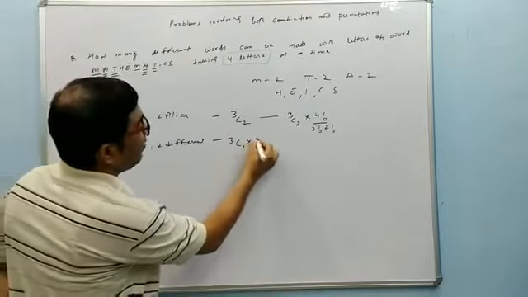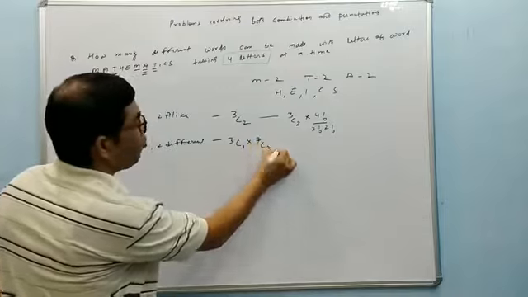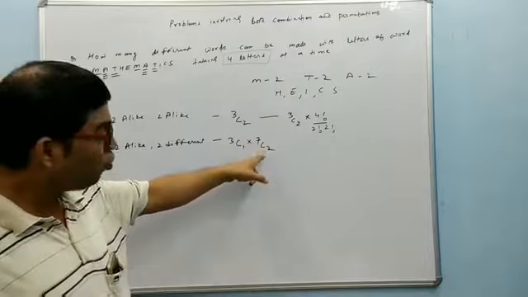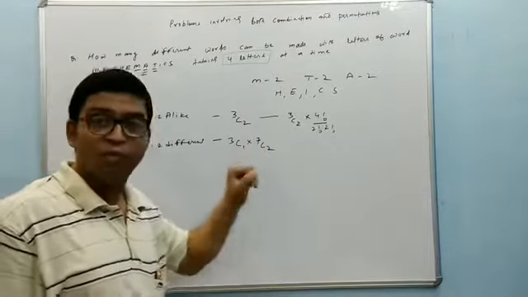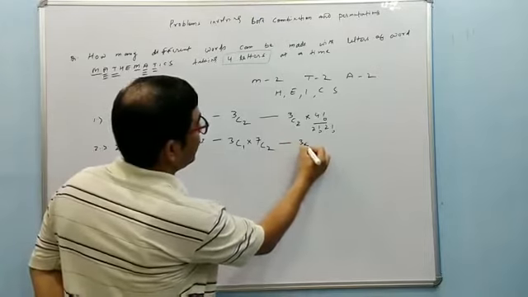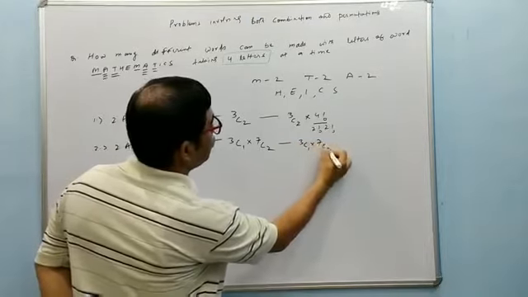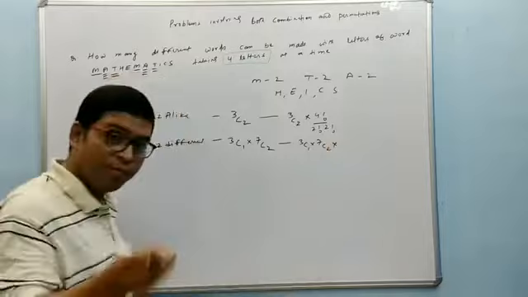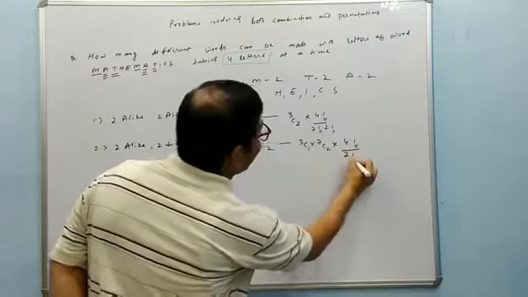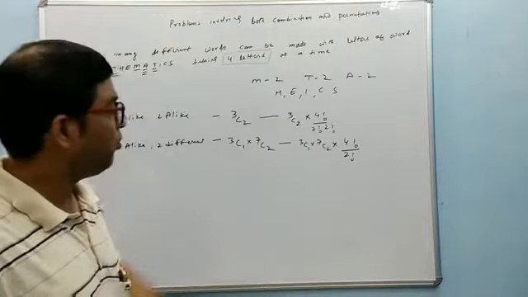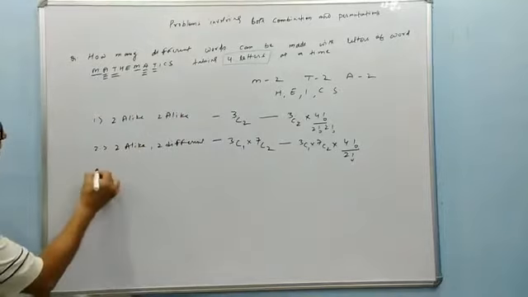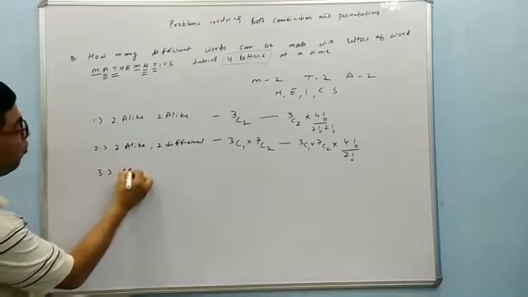So out of that 7 items, I will be selecting 2. This is one group, that means 2 items. This is 2 different letters, so total 4 letters. Now if I have to arrange these things, that is 3C1, 7C2 into 4 things can be arranged in 4 factorial ways, but one group is repeating. So it is into 4 factorial by 2 factorial. And the case number 3, you see, all 4 different.